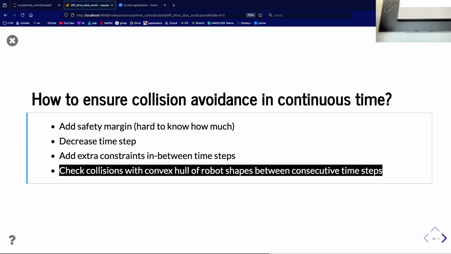It's called convex hull. That's the geometric name when you take two shapes and you take the set of all the points that you could obtain as a convex combination of a point from this and a point from this. And so you can check the collision. Basically in this case, it would be like checking collision with this rectangle, this circle, and this circle. Because if you take the union of this circle, this circle and this rectangle, you have the convex hull of the two circles.